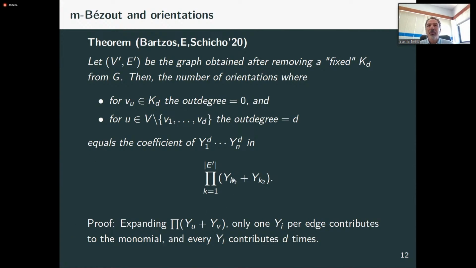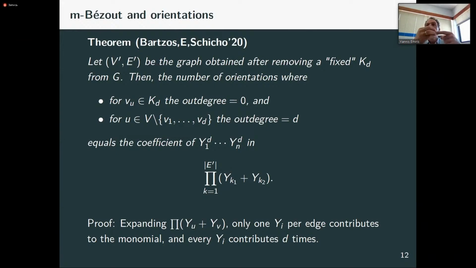The fact that I have to pick one of the 2 y's means that for every edge in my original graph, if I pick one endpoint, I should not pick the other endpoint. So this is like orienting the graph. If I choose one orientation, I cannot choose the other orientation. So we should think of orienting a graph as giving preference to one endpoint rather than the other endpoint.